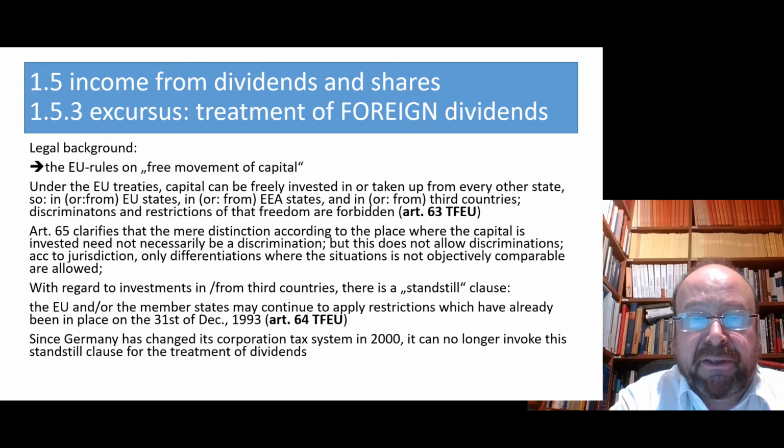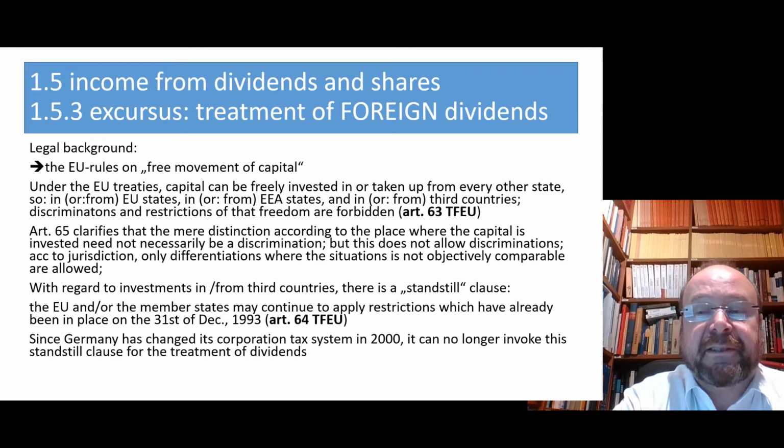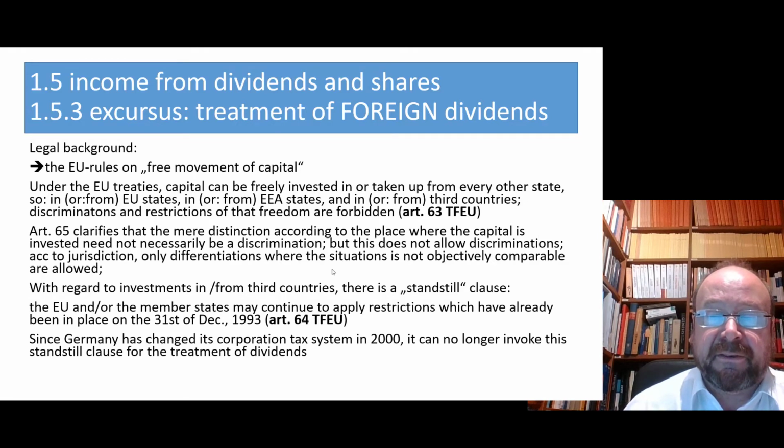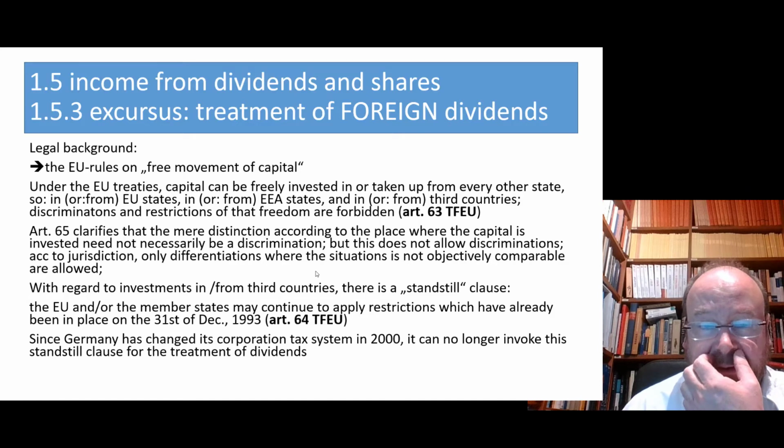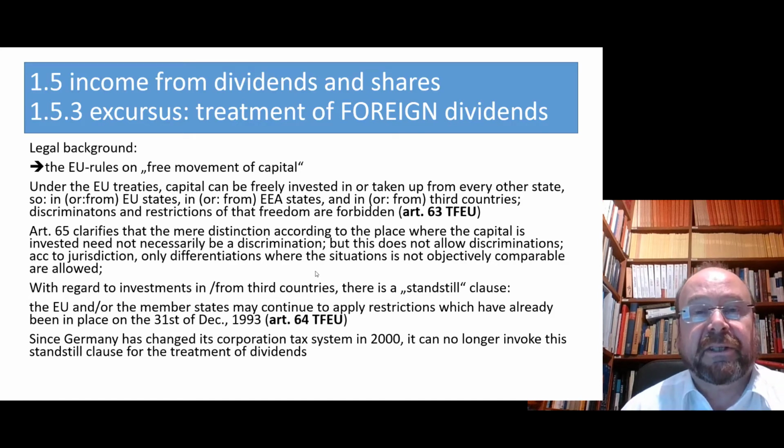And in the same way, the other way around, investors can, without restrictions, invest in Germany or any other EU state, irrespective if they come from the EU, an EEA state, or somewhere else from all over the world. That is laid down in Article 63 of the Treaty of the Functioning of the European Union, so that treaty which regulates the details of EU law.